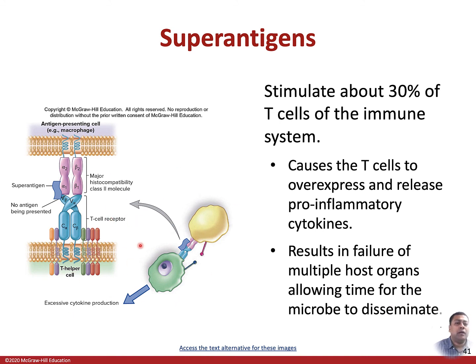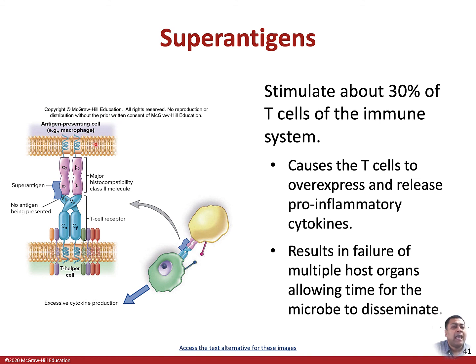Here we are looking at an antigen presenting cell. We do not have to go into detail, just an overview, because we are going to talk about this in the immunology chapter in much more detail. What we are looking at here is a macrophage, and we know macrophages are phagocytic cells.